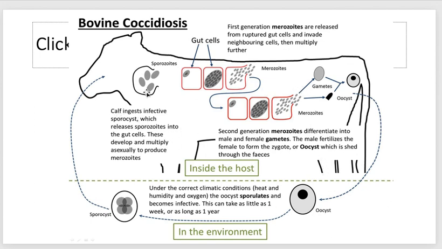By this diagram, you know that the microorganism Eimeria can exist both in the cow's GIT and in the environment. It can be inside the host or in the environment. And you also know that transmission or infection is through ingestion of the sporocyst from the environment, during feeding time.